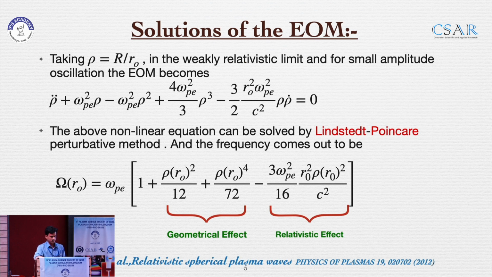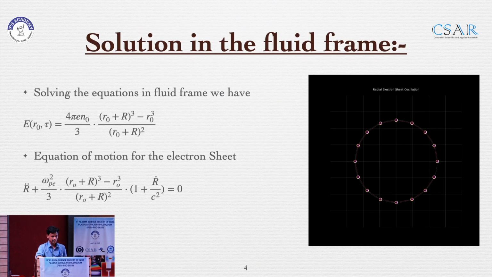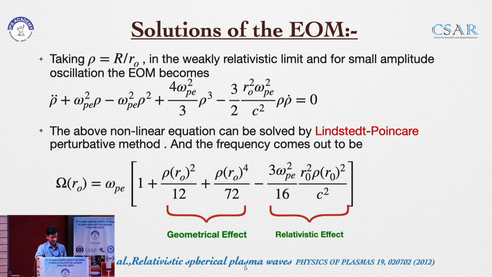Then we solve that equation using the Lindstedt-Poincare technique to get the frequency with which the electron sheet oscillates. We found that the frequency omega depends upon the equilibrium position R0, like I have mentioned here.